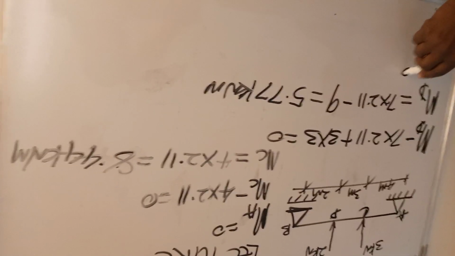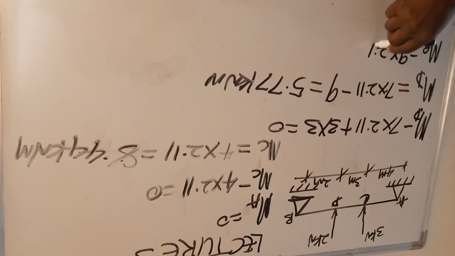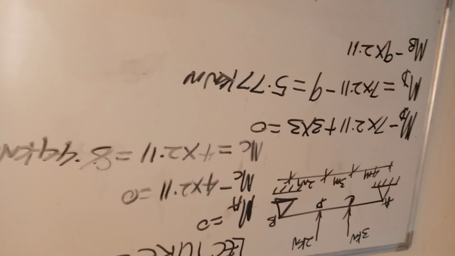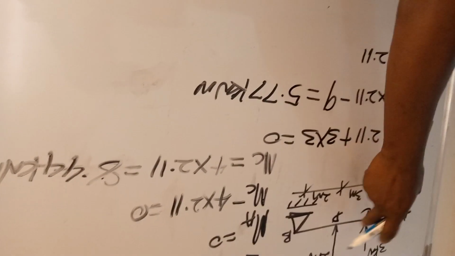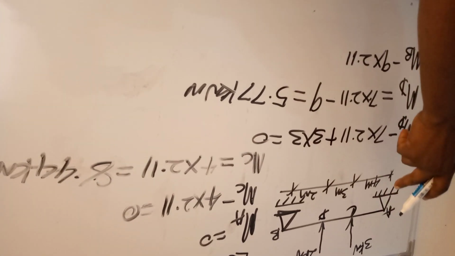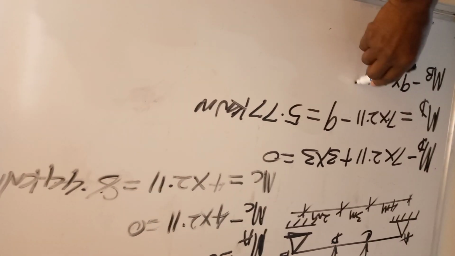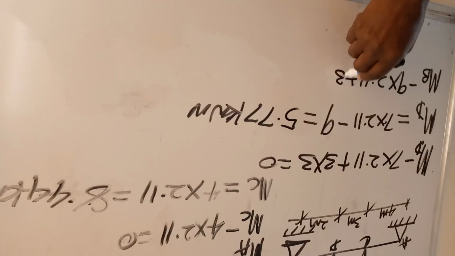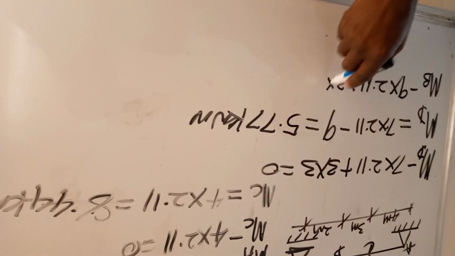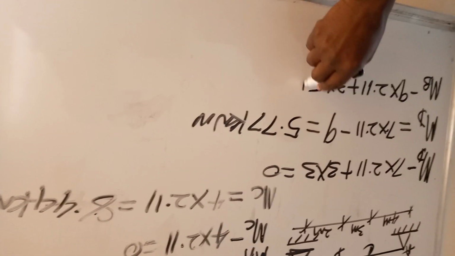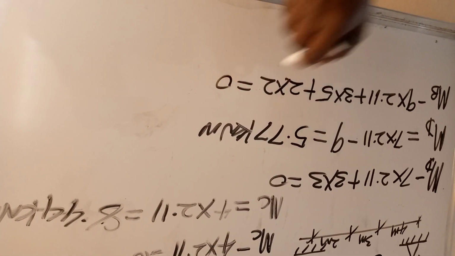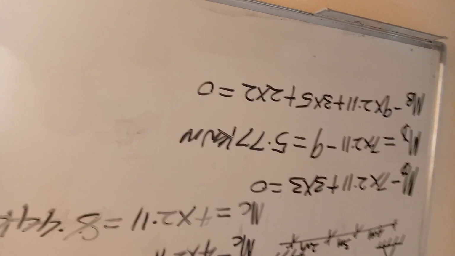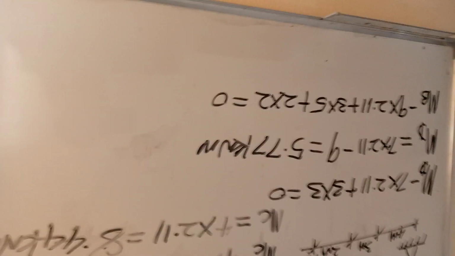So you have 9 times 2.11, which is reaction A. Then the 3 is turning the same direction, so plus 3 times this distance, which is 5, plus 2 times distance 2. The reaction B has no moment at this location.